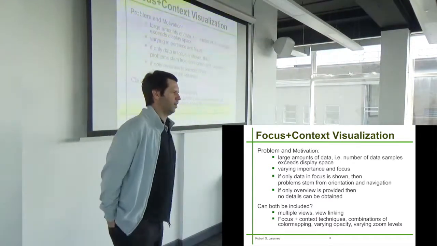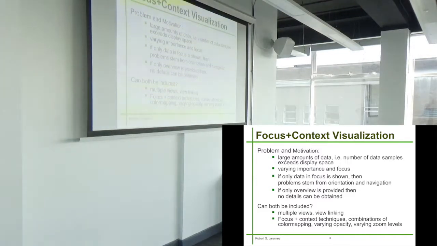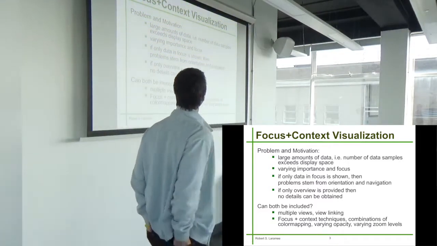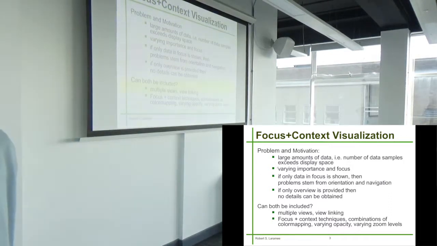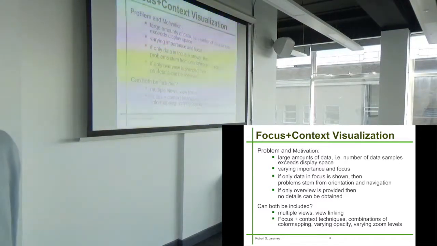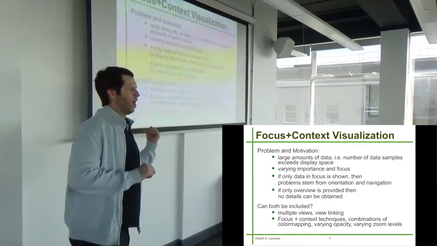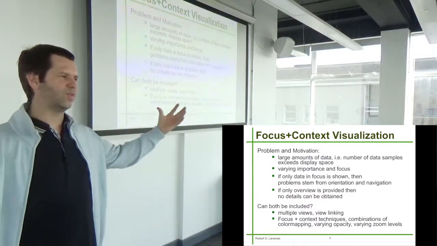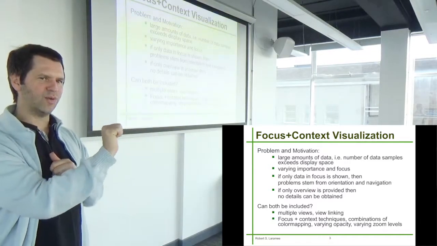You only have something like one megapixel to display data, but you often have data set sizes that are much greater than that. And so we can treat the data non-uniformly. That means some data is more important than others. In that last example, the engineers only wanted to see a tiny fraction of their huge flow. It was just that tiny fraction that went in the reverse or upstream direction.